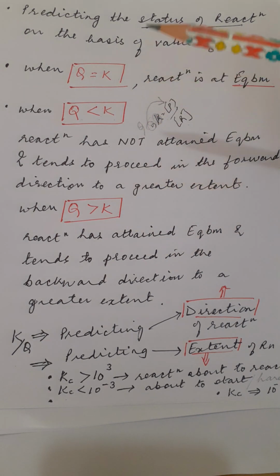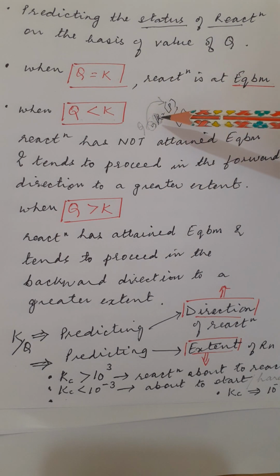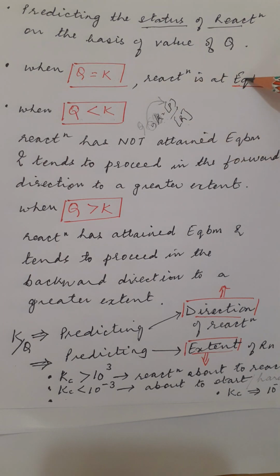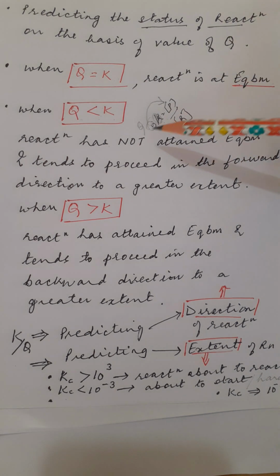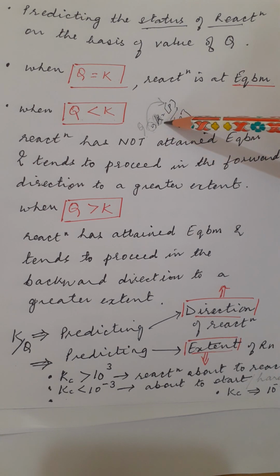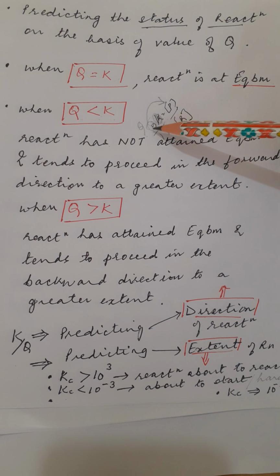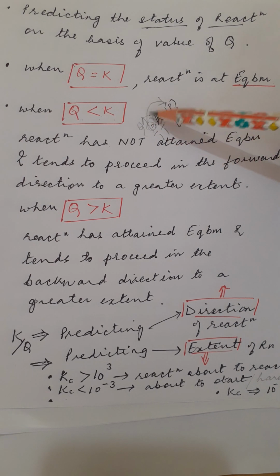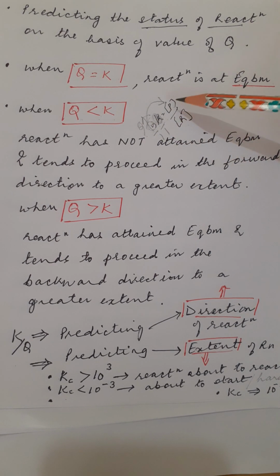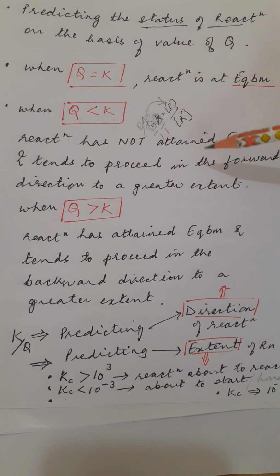K defines the state of equilibrium. If Q is less than K, Q wants to move towards K, and this wants to increase its value. It will increase if the product is increased, and product will increase if more product is formed, and more product will be formed if the reaction proceeds in the forward direction to a greater extent.